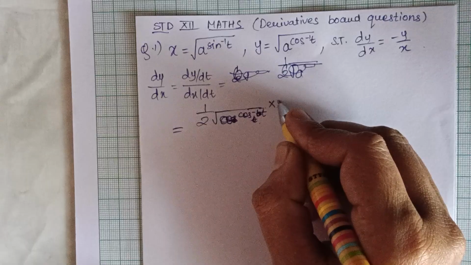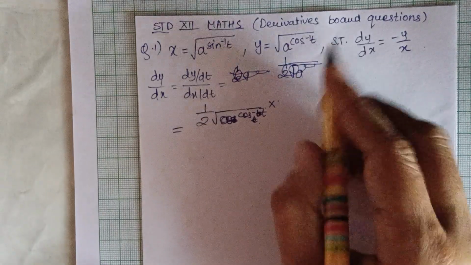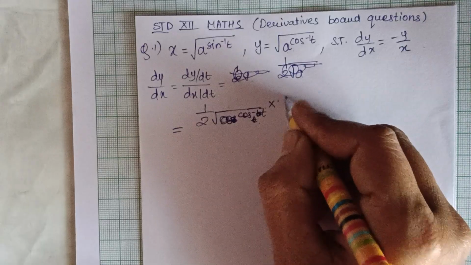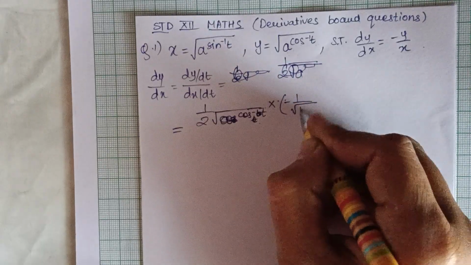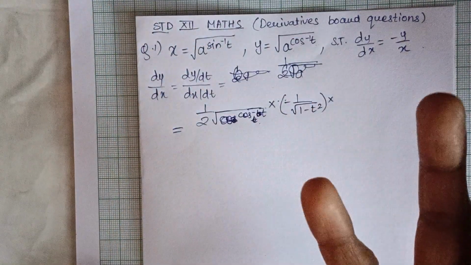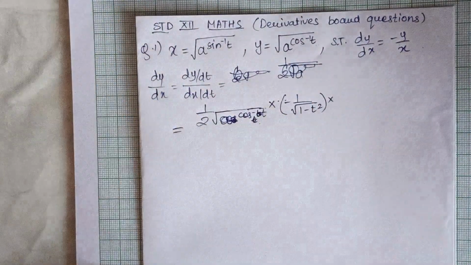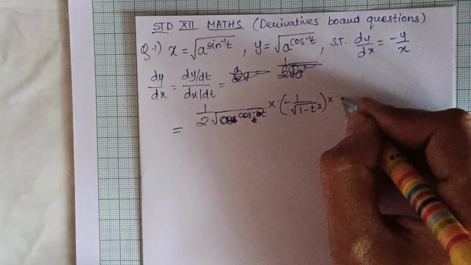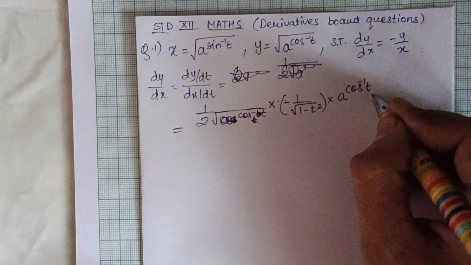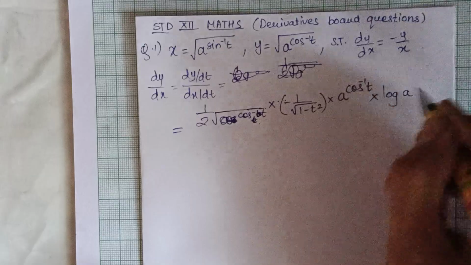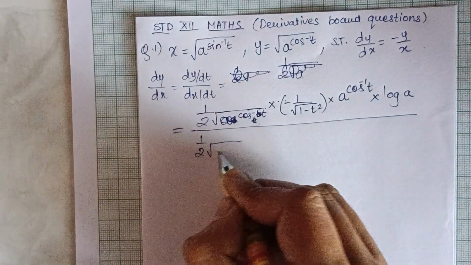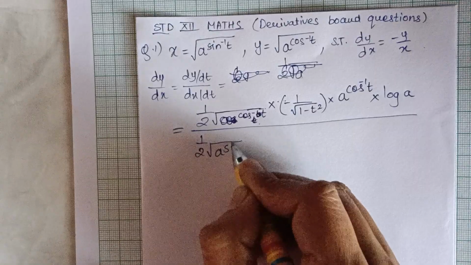That is, you have to take the derivative of cos inverse of t first, that is minus 1 upon root of 1 minus t square. Then derivative of a raised to x is a raised to x log of a, right? Log a. Upon, you will get the same thing, only here it is sine inverse of t.